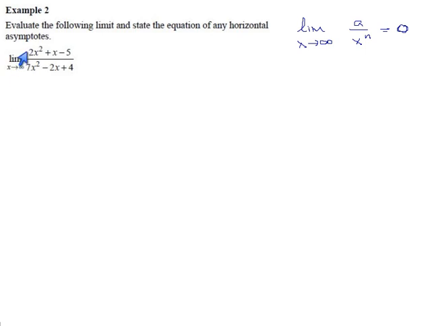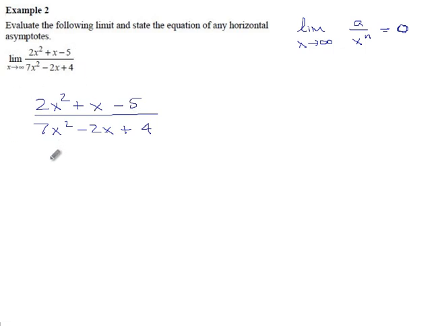What we do is we look for the highest power of x in each one of these things and divide by it. So I'm just going to recopy this a little bigger: 7x squared minus 2x plus 4. The highest power of x in either of these is x to the 2. I'm going to divide every single one of these by x to the 2, or you can think of it as factoring out an x to the 2.